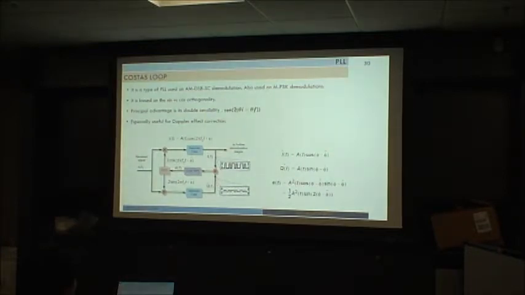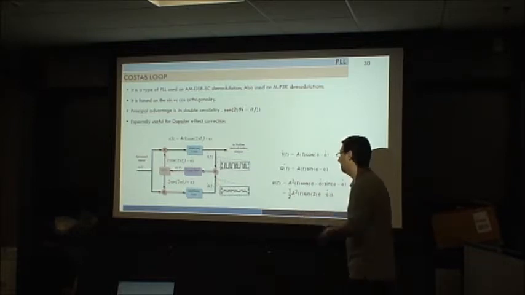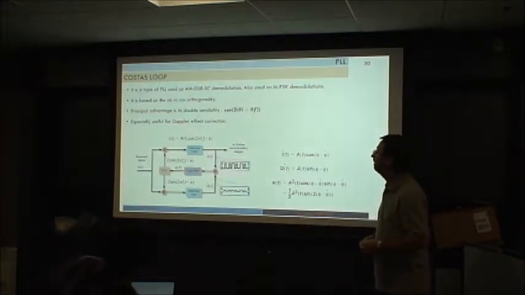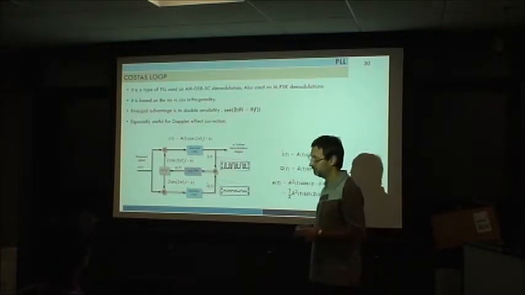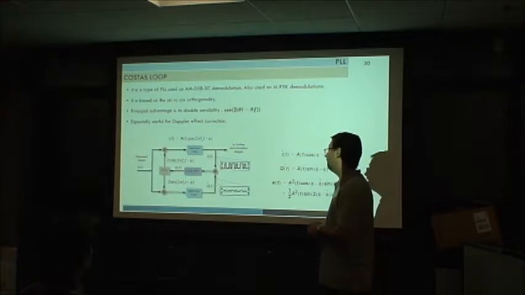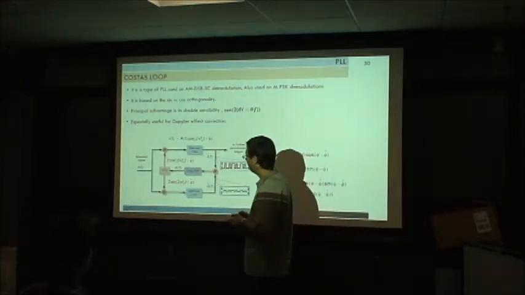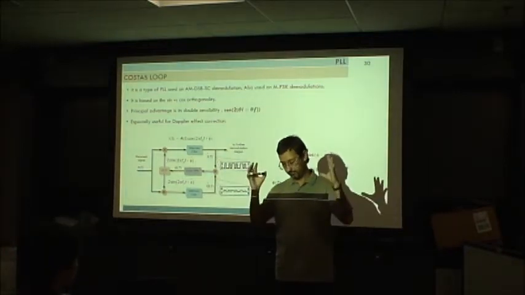Okay. Enough talking about PLL. From the last class we saw that we cannot recover the double sideband suppressed carrier with a PLL. There is a way to recover it, because remember, in suppressed carrier there is no carrier there.